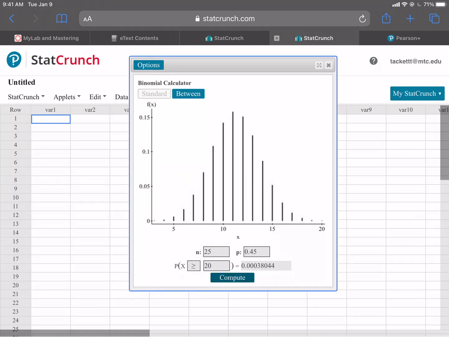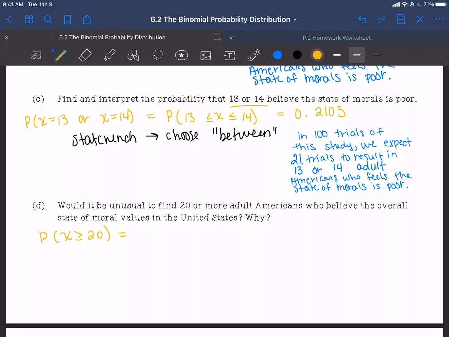which is 0.0004. I'll even call it 0.00038 just so we know. That number is less than our 0.05, our 5% unusual cutoff.